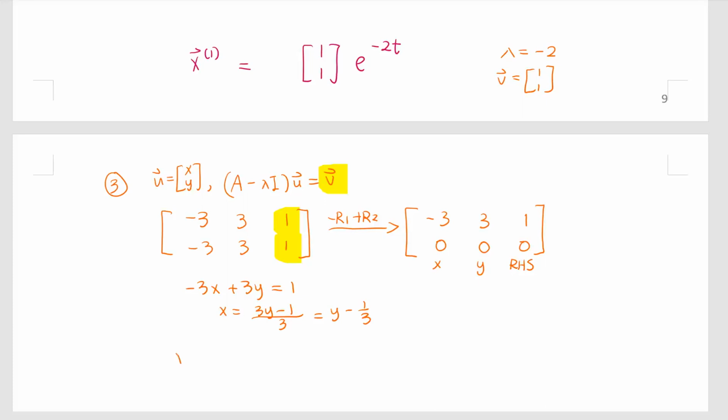So u is (x, y), where x is y minus 1 over 3, and y. Here you can see you can plug in the y value to be anything, right?